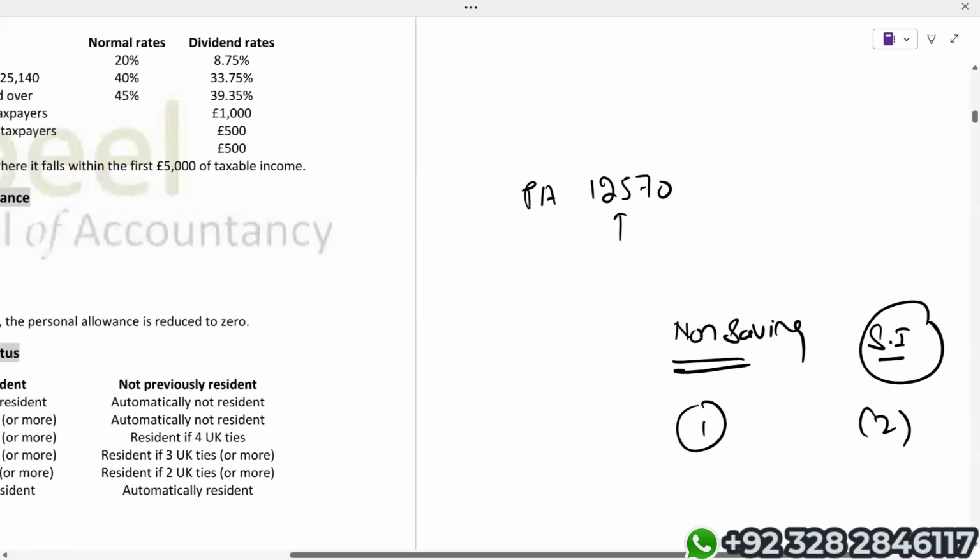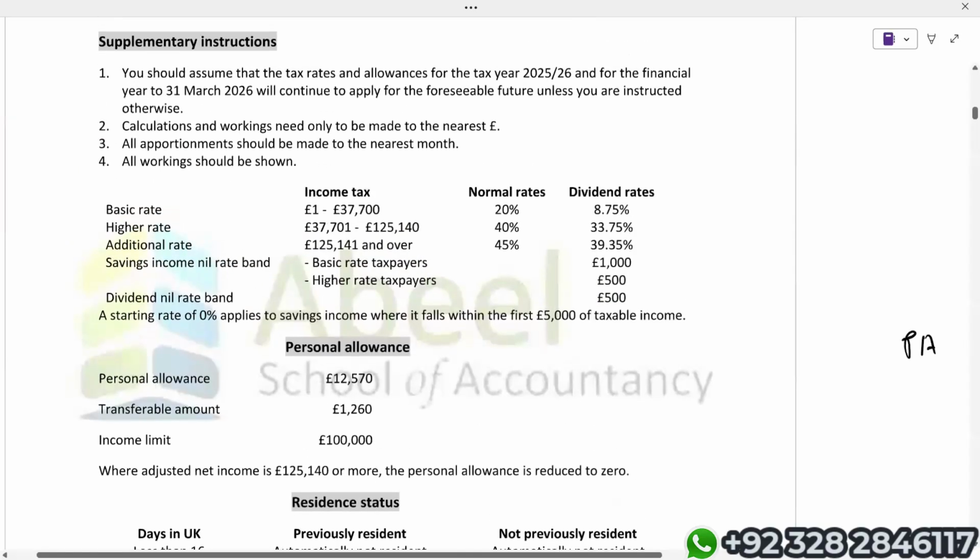When it comes to saving income, listen carefully, students. There are a few additional rules. A basic rate taxpayer gets a nil rate band of £1,000 for saving income. A higher rate taxpayer, having taxable income more than the basic rate band limit of 37,700, gets a nil rate band of £500.